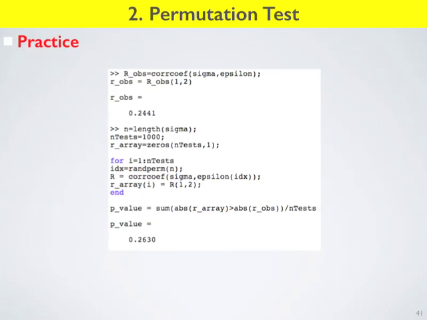We can talk about that later, but really we're just looking for a strong correlation. It doesn't matter whether it's strong positive or strong negative. You could think about worrying about the sign, in which case your call here would be slightly different. We're saying, how many of the values of this array are greater than 0.2441? And then we're just dividing by the number of elements in the array to get a fraction. It turns out the fraction is 26.3%.